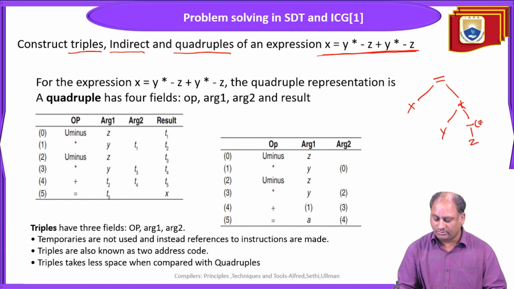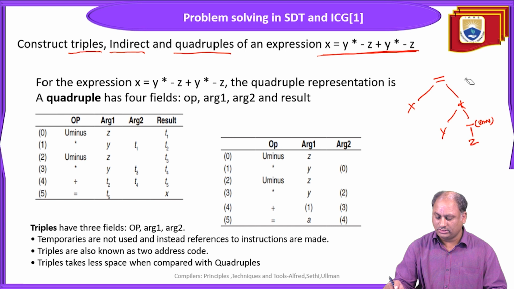So this is the unary minus, and plus is the operator. To the right we have y star minus z, and to the right also unary minus z.